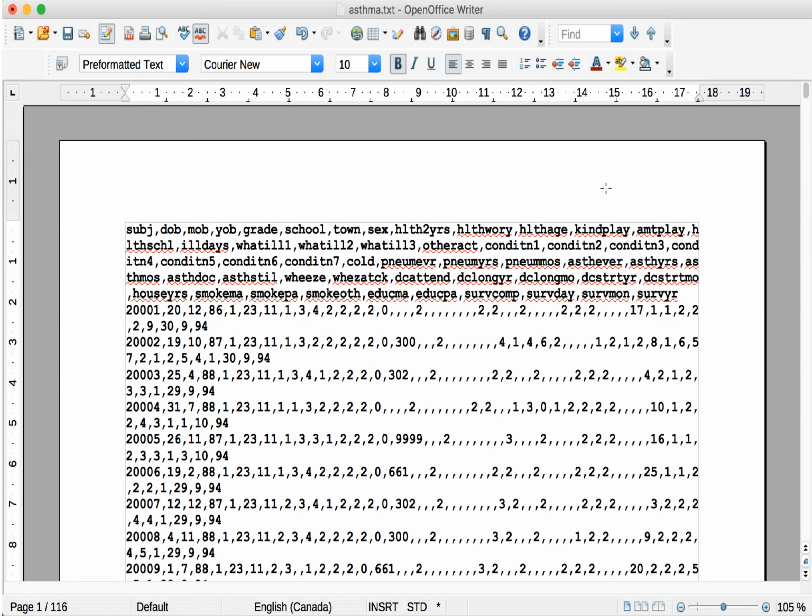So, for example, this is how the data for this asthma study looks in its raw form. In other words, as a text file with comma delimiters, okay? So you can see that it's sort of unreadable in a way. How we see it is not friendly.